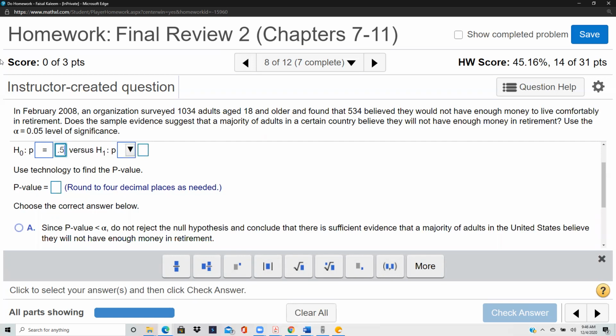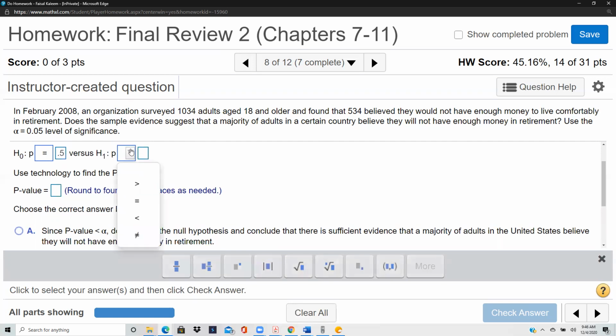And over here, majority means greater than 0.5, right?